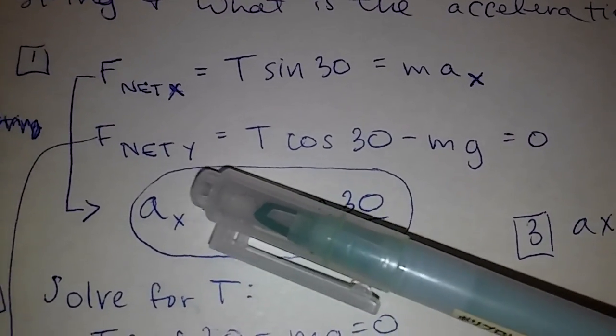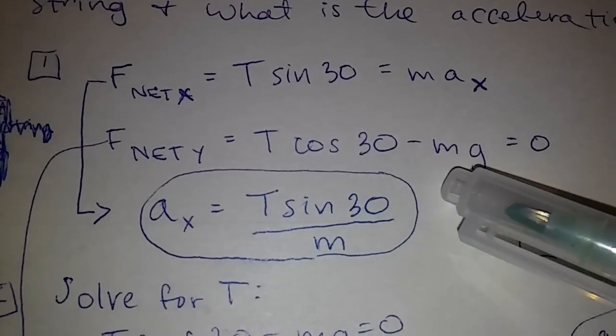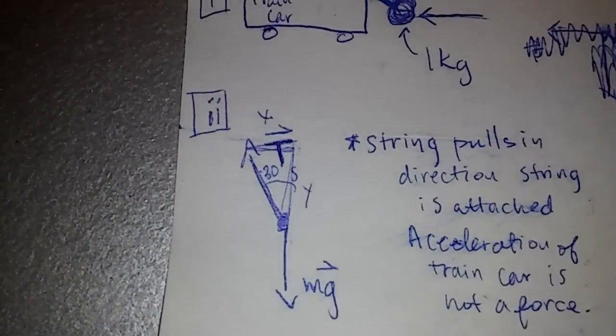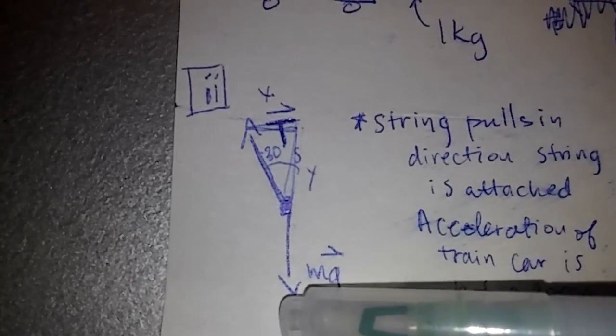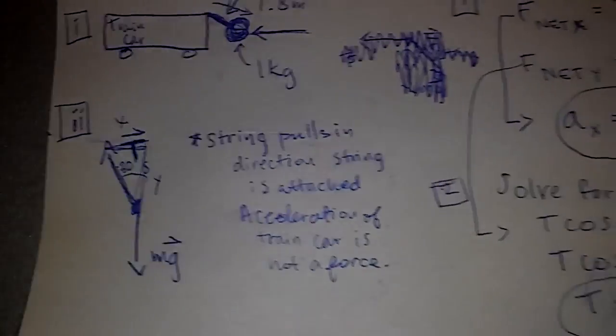The net force in the Y direction, I have T cosine 30 minus mg. T cosine 30 comes from this portion of the tension force, and then mg is completely in the Y direction.